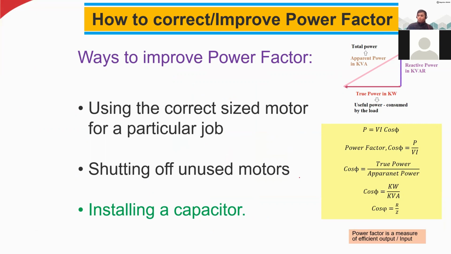Nowadays it's possible in some ways, but not exactly like what a computer is doing. The third method is to add a capacitor in the circuit. The capacitor will also help you to improve the power factor. Of course, we are not going to look at the first two, which are practical things, and we will see installing a capacitor.